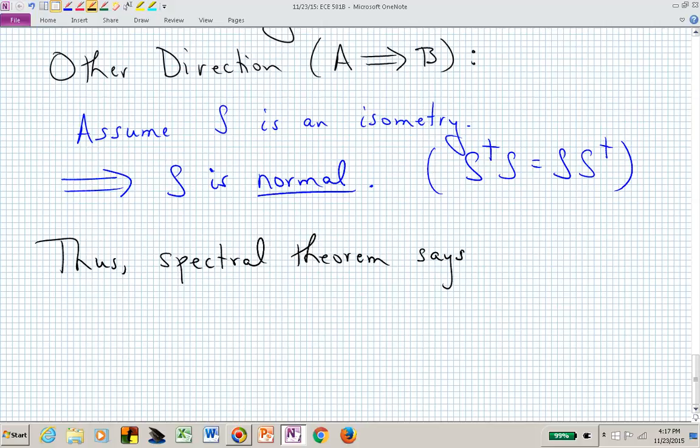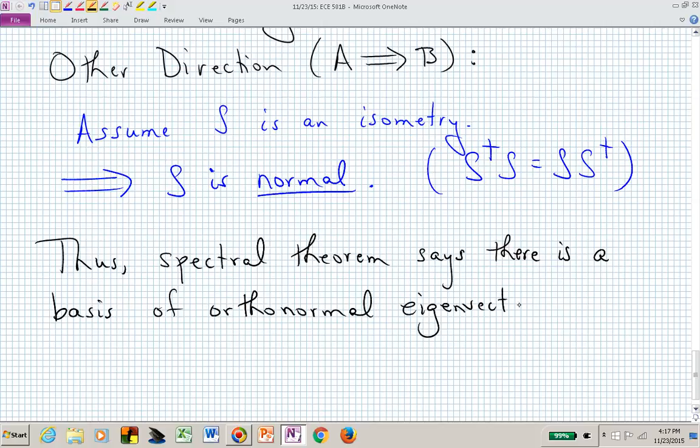Thus, the spectral theorem says there is a basis of orthonormal eigenvectors when we have a normal operator.